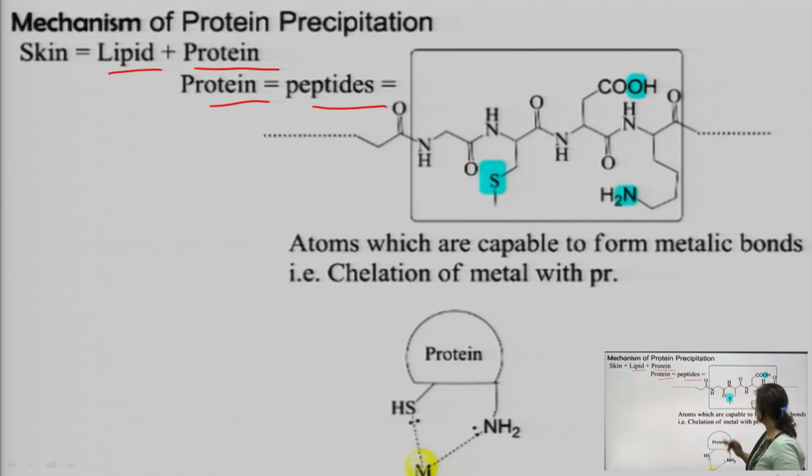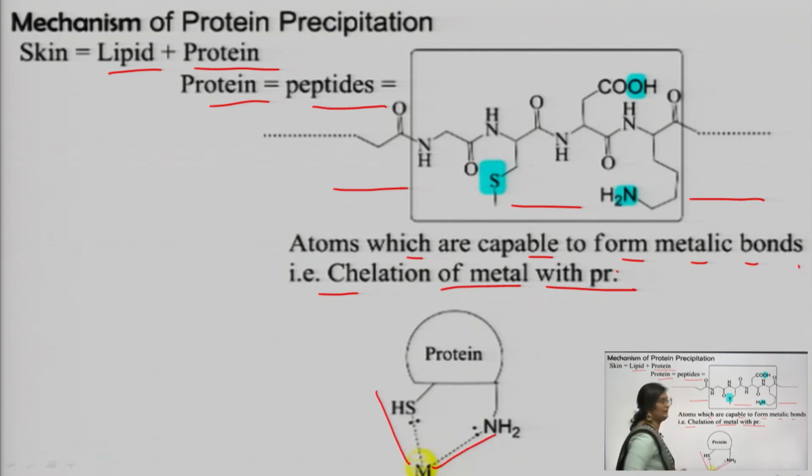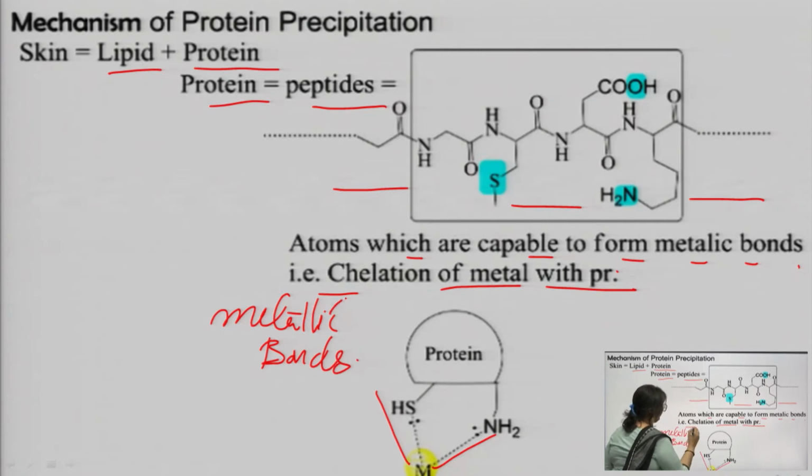Okay. So what happens here is, our constituents of the skin, atoms which are capable of forming metallic bonds, that is chelates of metals with proteins. Our astringent, especially metallic astringent, chelates with the proteins. They form metallic bonds, also known as chelation.